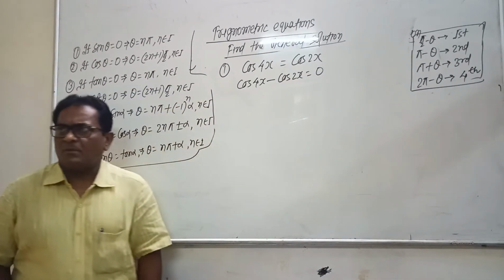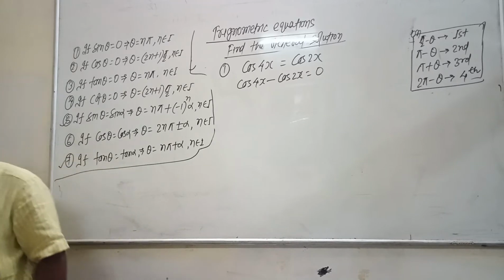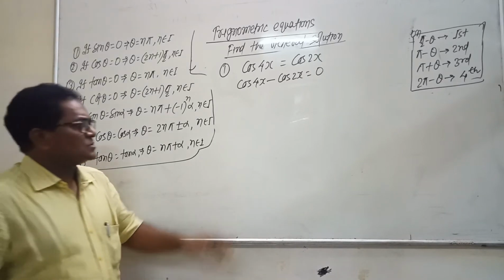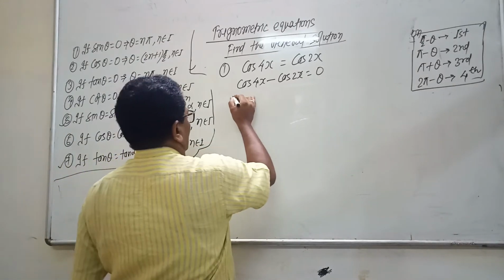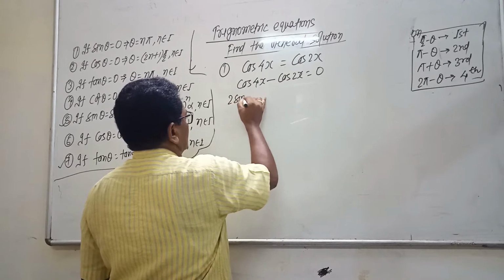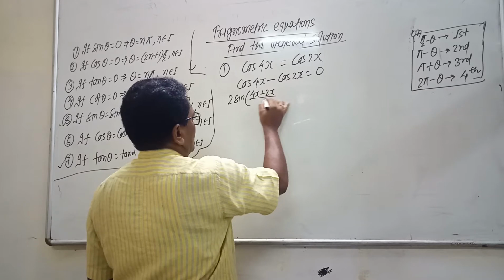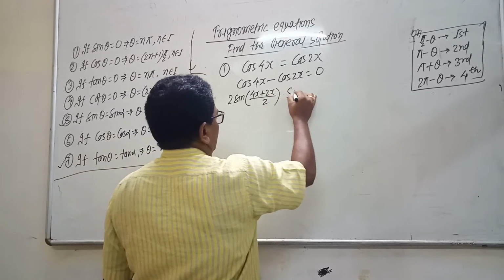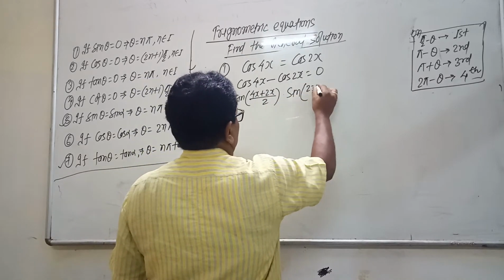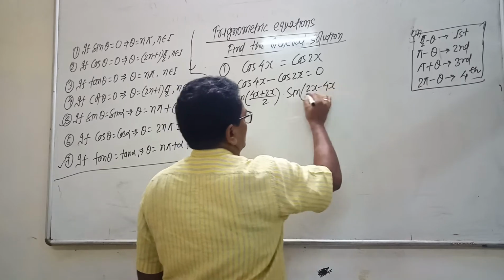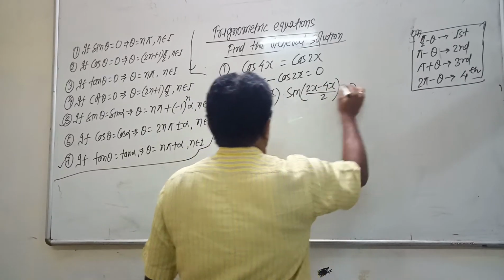Now use the formula cos C minus cos D, which is 2 sin (C plus D) by 2 into sin (D minus C) by 2 equals to 0.